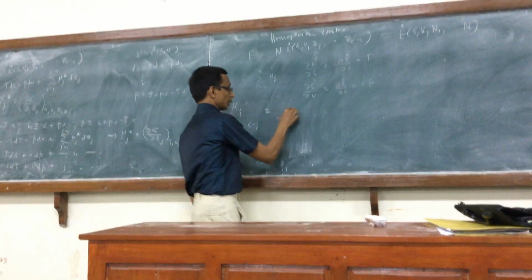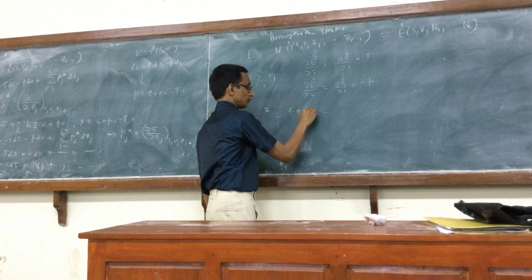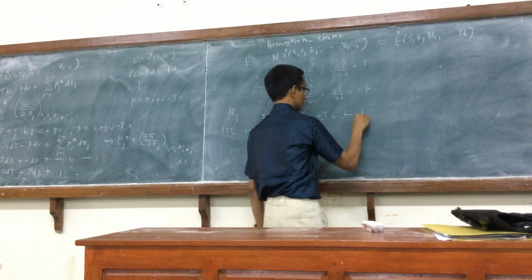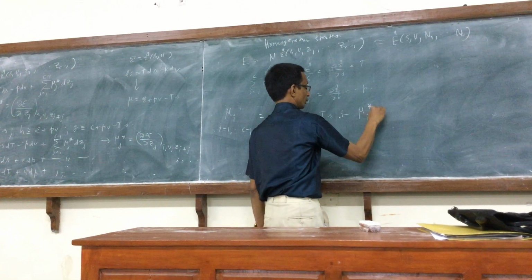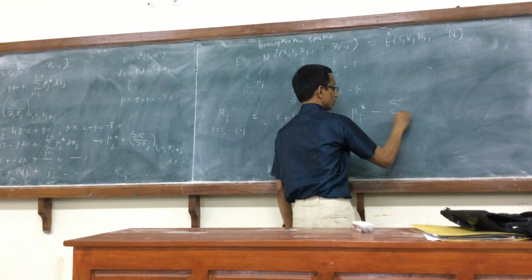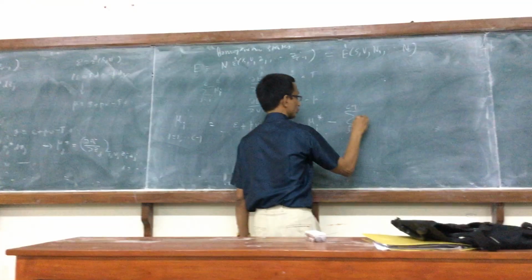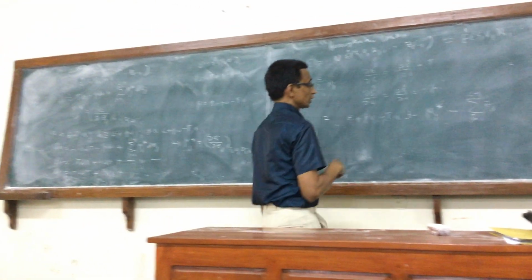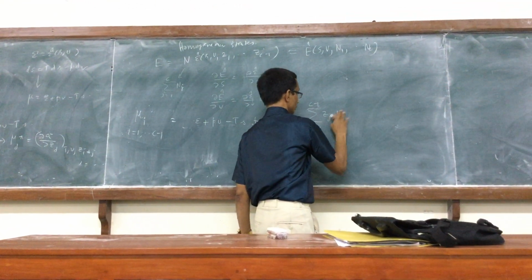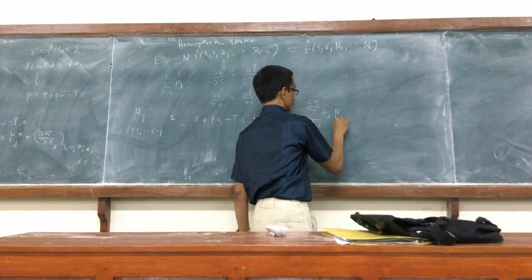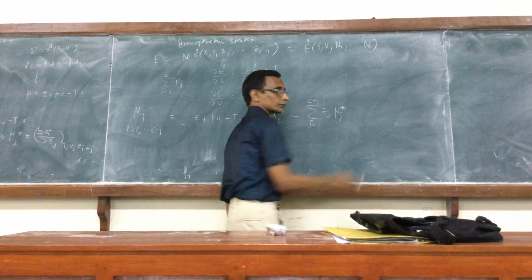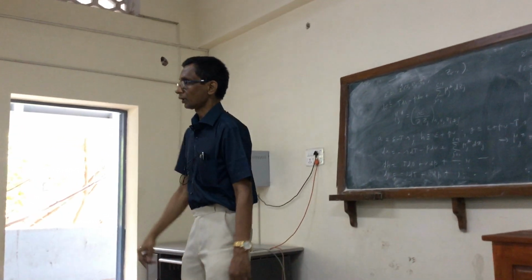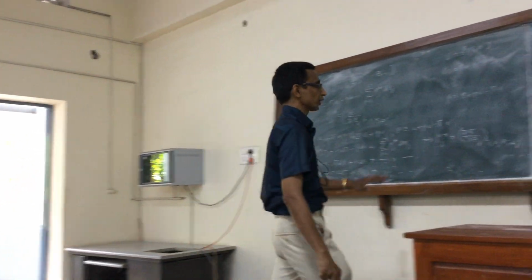This will be given by again E plus PV minus TS plus minus the sum over j from 1 to C minus 1 of z j. This is what we get for i equal to 1 to C minus 1 of the chemical potential.